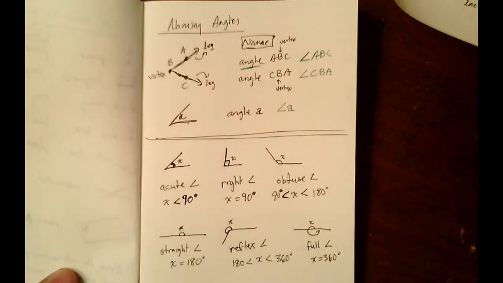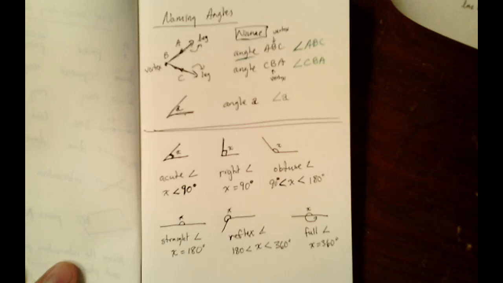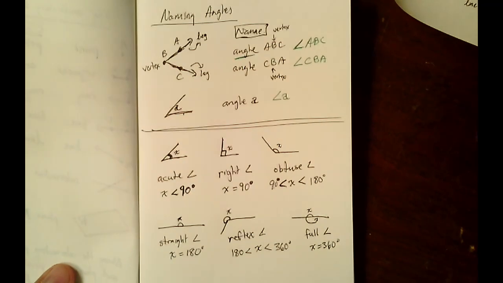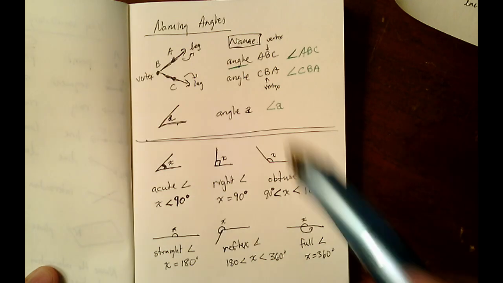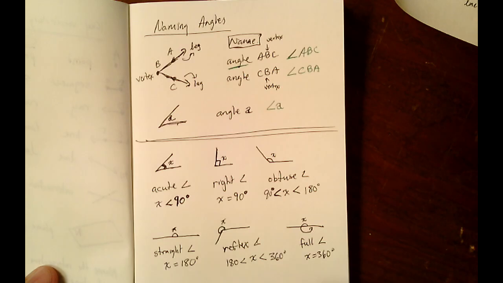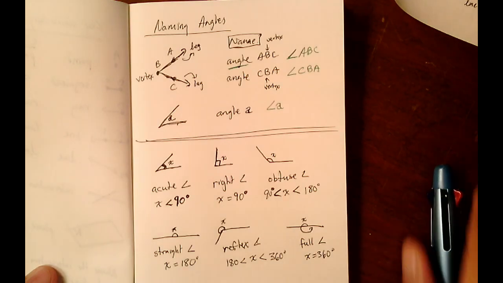Again, we'll want to know these different terms and how they relate to each other. Students sometimes confuse full angles and straight angles with another type of angle, as well as right angles. We'll learn about those shortly, when we're adding and subtracting angles. But try to learn the vocabulary, make sure you know how to name different types of angles, and I'll provide some other examples for these down the road.